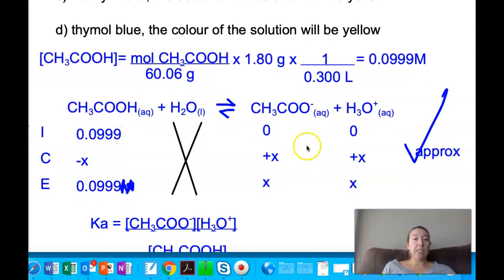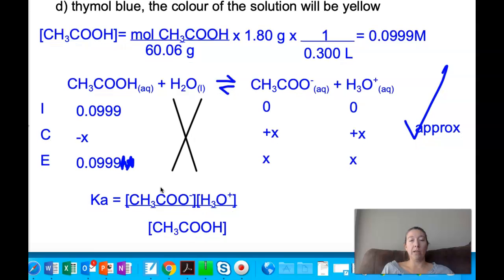So we're going to set up our ice table. We have an initial concentration that we calculate as 0.0999. Do an approx check using the K. So that concentration divided by, what was it, 1.8 times 10 to the negative 5, I want to say. You can approximate because you got like 5,000 and something. So what that's going to mean, we can get rid of the minus X that's here in our ice table.